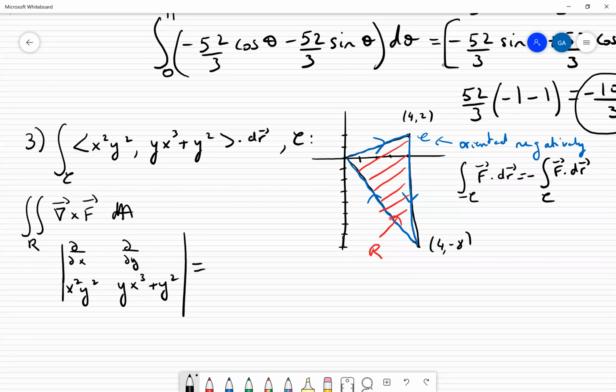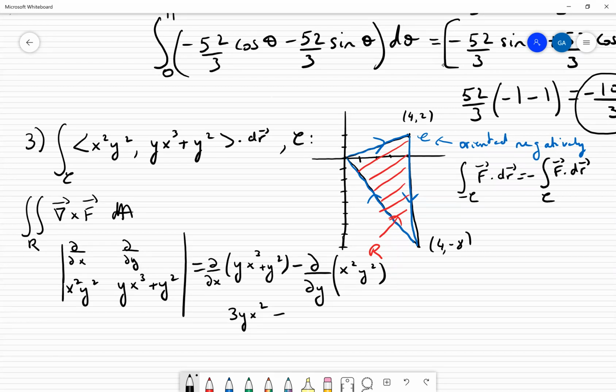So here is going to be partial with respect to x of y x cubed plus y squared minus the partial with respect to y of x squared y squared. So here, if you take the partial with respect to x, y is treated as a constant. So it's just figuring out the derivative of x cubed, which is 3x squared. So it's going to be 3y x squared. And the partial of y squared with respect to x is just 0.